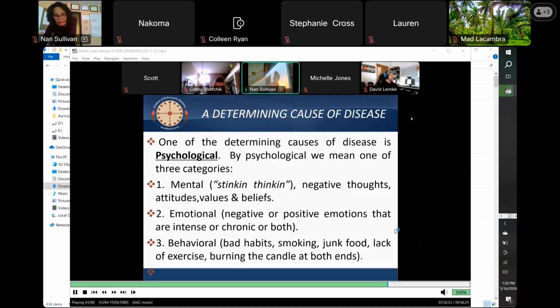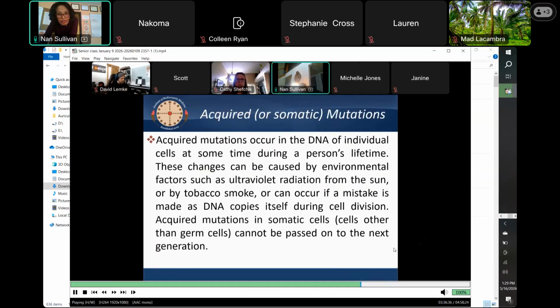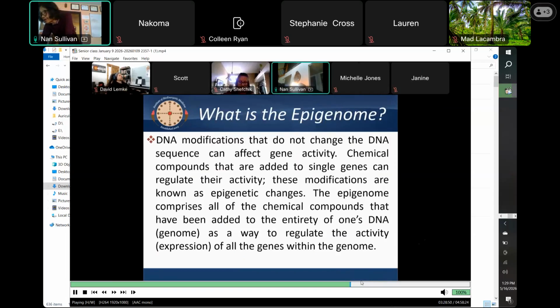One of the determining causes of Yeah, look like disease something more is about. psychological, Hold on. and then Look like don't something get more second about or third medicine way, hand. about how to treat Although there's always the possibility of emotional third-hand smoke, or something. because the That's gonna be entirety next of month, one's okay? DNA genome Can you? as a way to regulate the activity or expression Yeah, of all the genes within the yeah, genome. I will. I would like to.